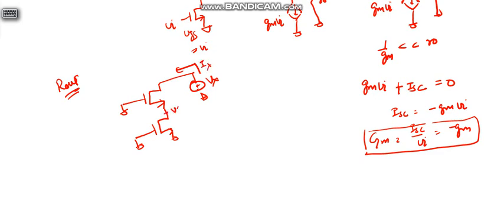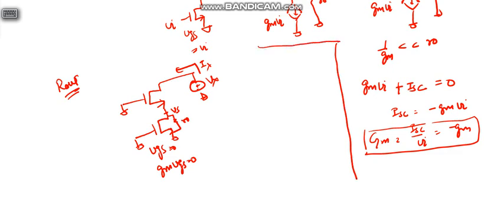This is Vs. Here VGS equals 0, so Gm equals 0, so here we only have Ro. So we have this, then Ro, and Vx, Ix.